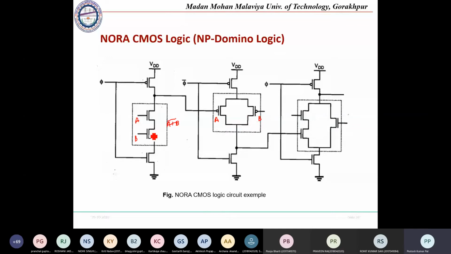Whatever logic is at this point, the same complement is considered here. In the next stage, these three are different: logic 1, logic 2, and logic 3. So three different logics are being connected here. This is how a generalized structure will look by using NORA logic, if we are going to use it for designing a particular circuit.